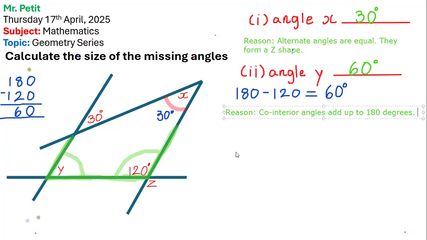Shavarian, do you understand how I got 60 degrees for this? How did I get 60? 180 minus 120 equals 60. The reason: co-interior angles add up to 180 degrees.